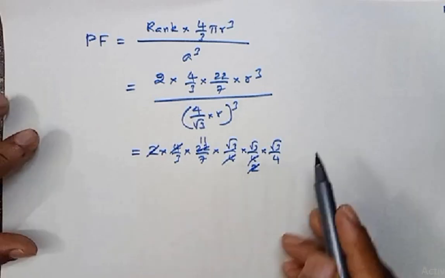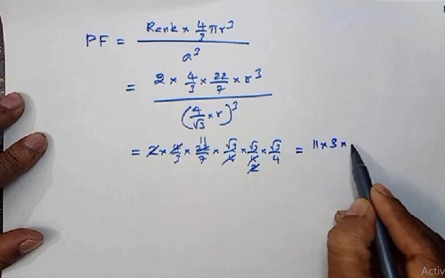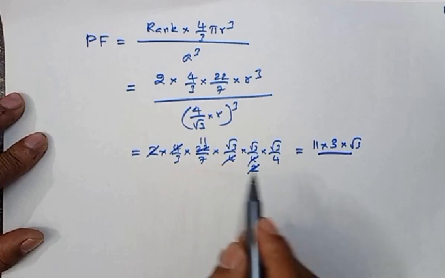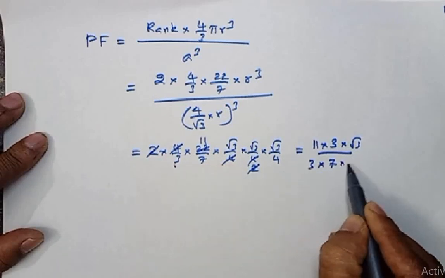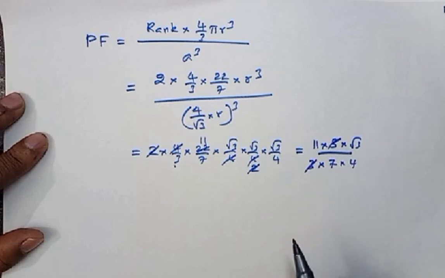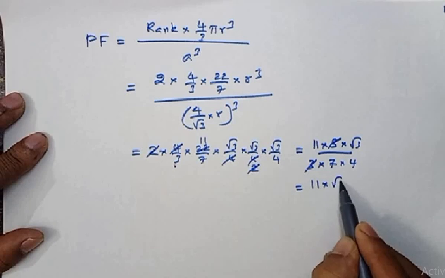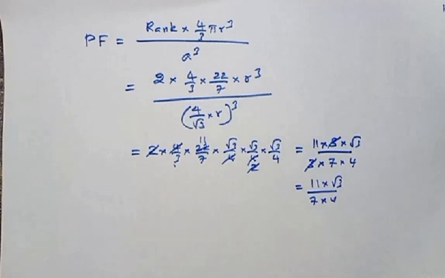Root 3 into root 3 is 3, so this also you can simplify. 11 into 3 into root 3 by, here we have one more 3, so 3 into 7 into 4. This 3 you can cancel. So it is very simple, 11 into root 3 by 7 into 4. This is what we need to find out.